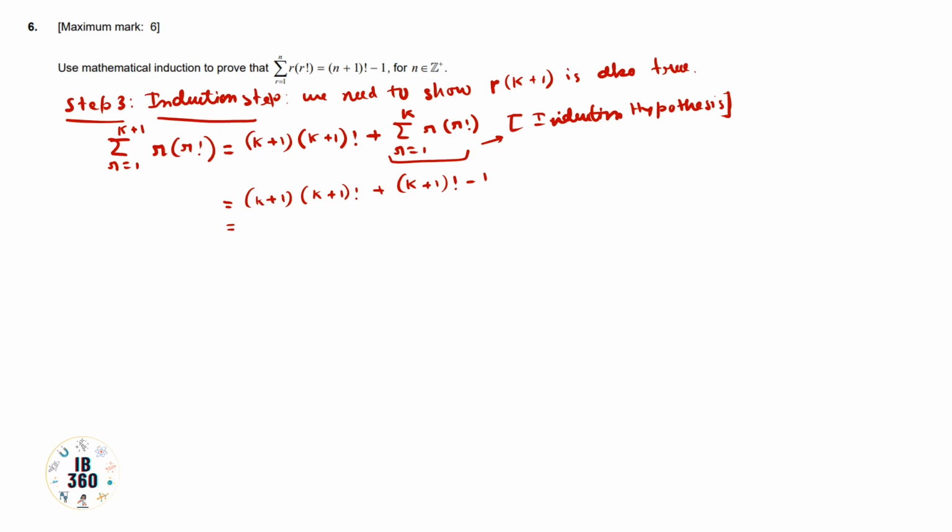So now we can take k plus 1 factorial in common, then we will have k plus 1 plus 1 into k plus 1 factorial minus 1. So we can write k plus 2 into k plus 1 factorial minus 1. Now the thing is, n plus 2 into n plus 1 factorial is basically nothing but n plus 2 factorial.